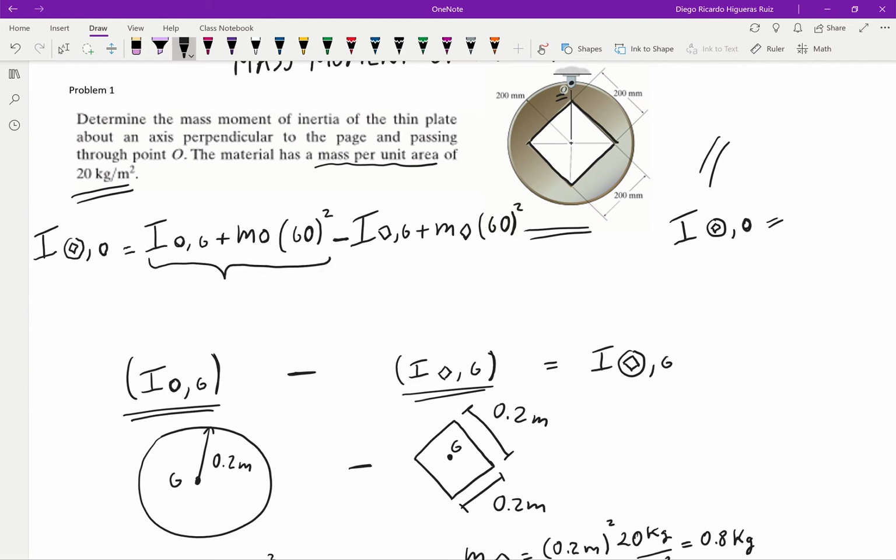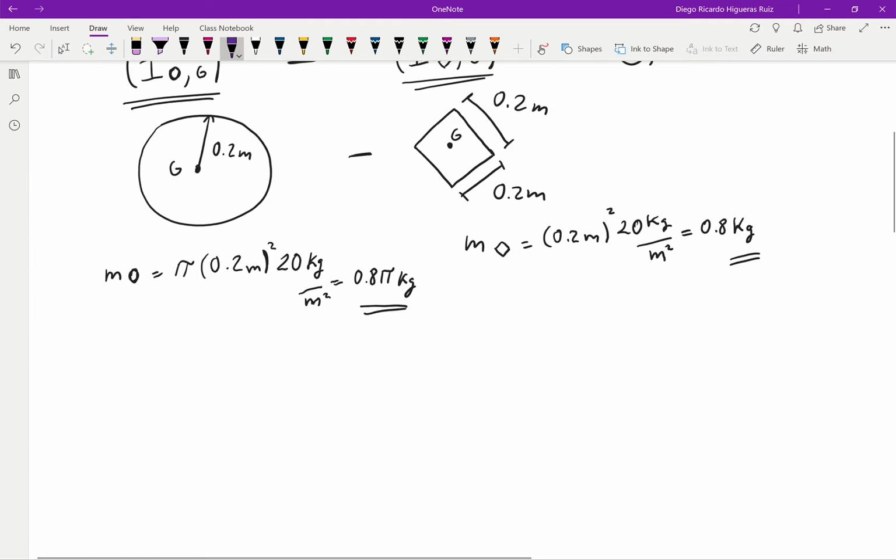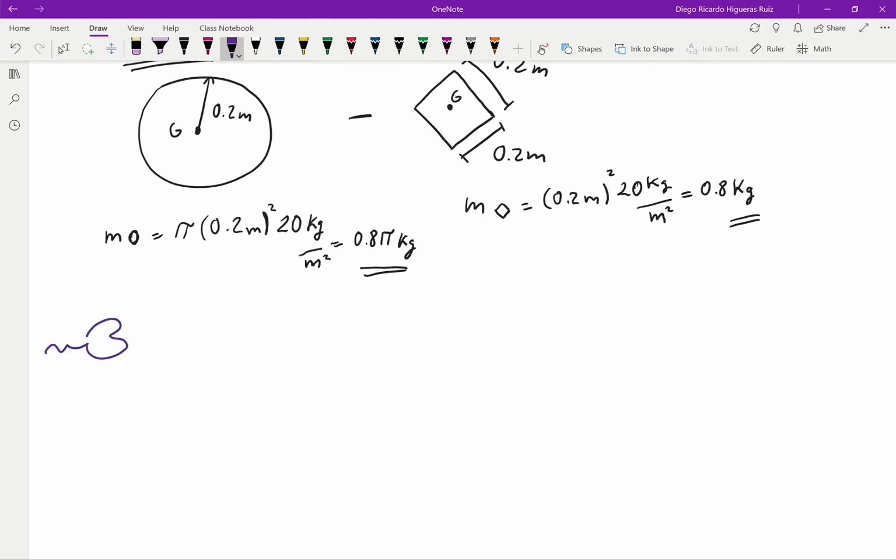So this right here and this right here, it's gonna be the mass moment of inertia of the plate at O minus the mass moment of inertia of the square with respect to O. So that's definitely what we are trying to find. Alright, so what I'm gonna do here, I'm just gonna make a snake right here. This snake is gonna go all the way here, and we're gonna solve for that equation, okay?